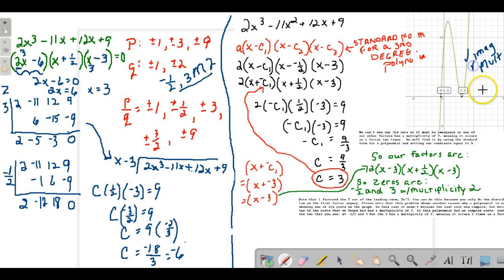So these are the two instances, and in our instance, that was the reason. We had a multiplicity of 2 on this 3. But anyways, a lot of times they'll give you a problem and say your zeros are -1/2 and 3, and the 3 has a multiplicity of 2.